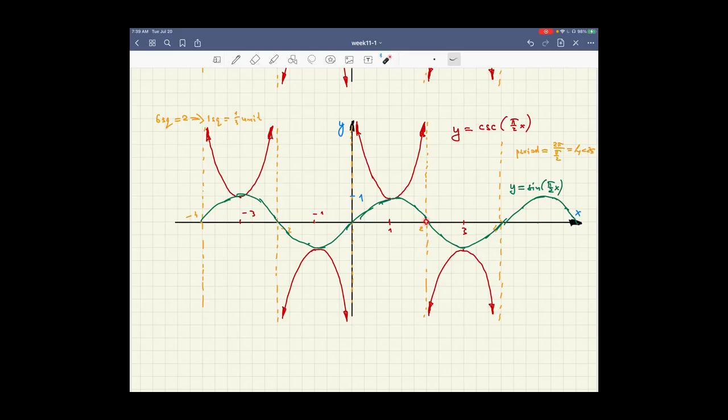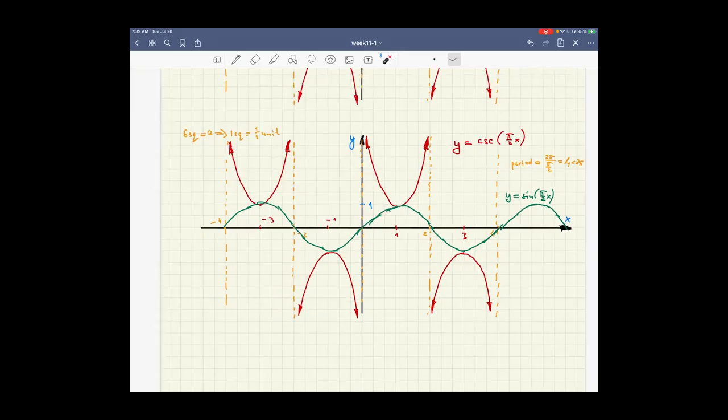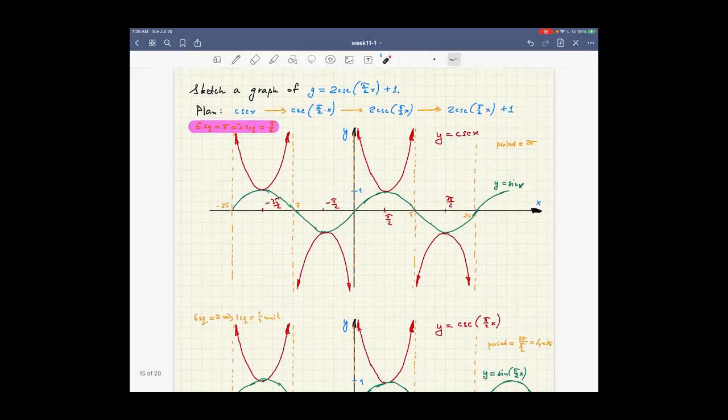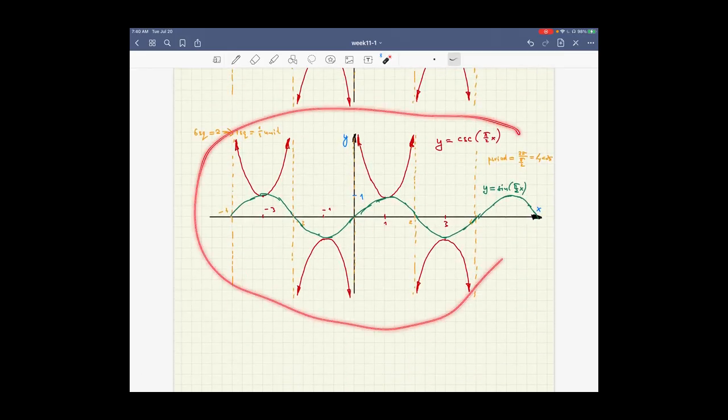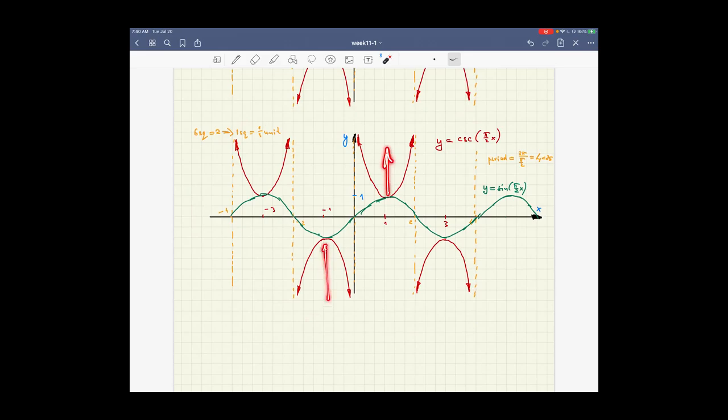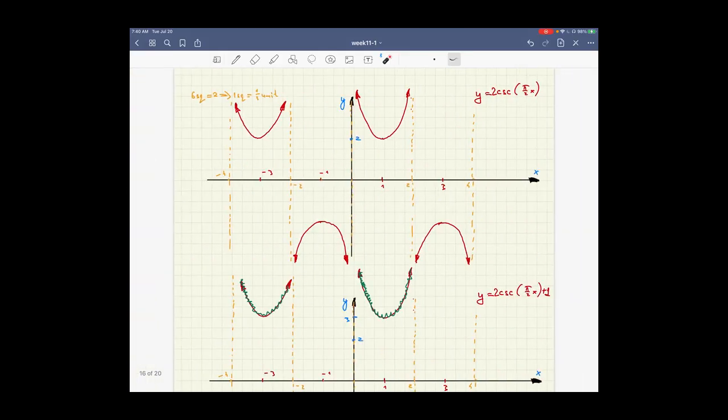Zeros are all multiples of 2. Right? Now, the next transformation is vertical stretch by a factor of 2. So we'll take that picture and stretch by 2 so that these will start at 2 rather than 1, and these will start at -2 rather than at -1. Here is the picture.